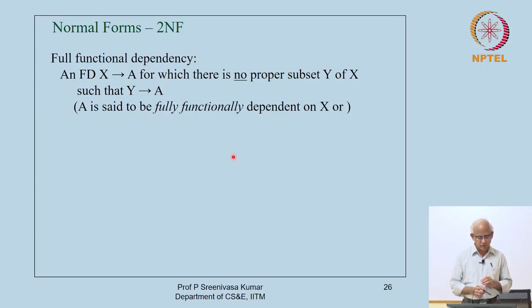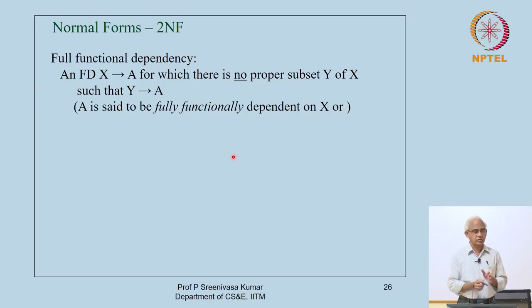The idea behind normal forms is that in terms of these functional dependencies, we can express certain constraints, and if the schema satisfies those constraints, then certain kinds of problems are not present with that schema.